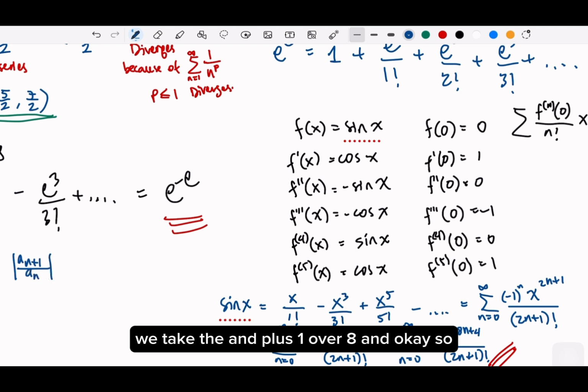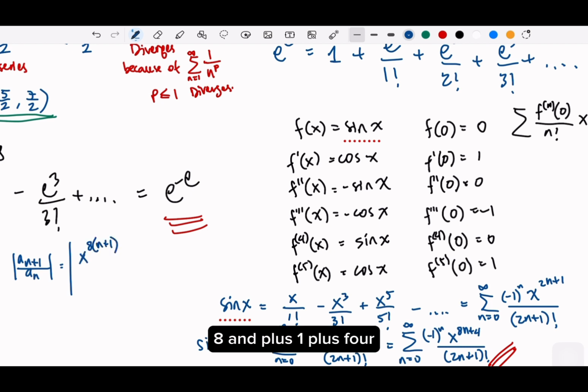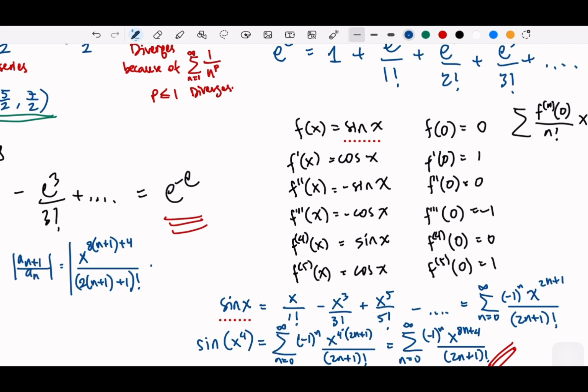So x to the 8(n+1) plus 4, over 2(n+1) plus 1 factorial, and multiply by the reciprocal, 2n plus 1 factorial over x to the 8n plus 4.